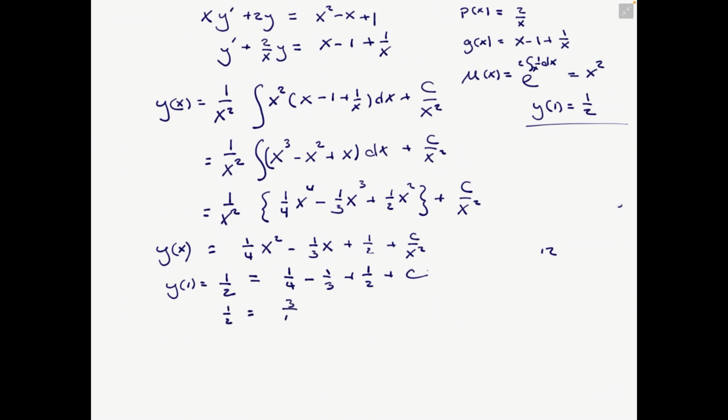So we have 1/2 equals 3/12 minus 4/12 plus 6/12 plus c. All right, so we have 5/12 plus c.